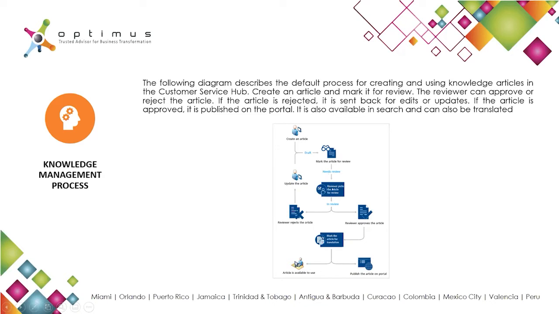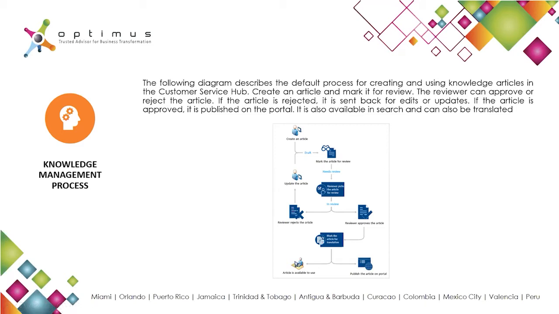The person in charge of the review is going to review the article and define whether to reject it and return it to the author, to let him change or update the article with some comments, or, if the article is okay, the reviewer is going to approve it, and the article will be in a status ready for publishing.